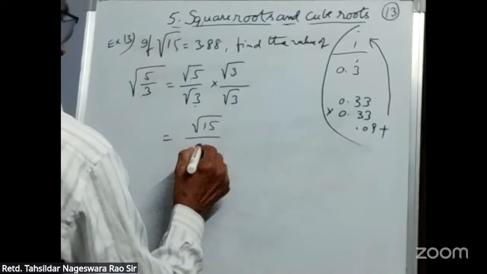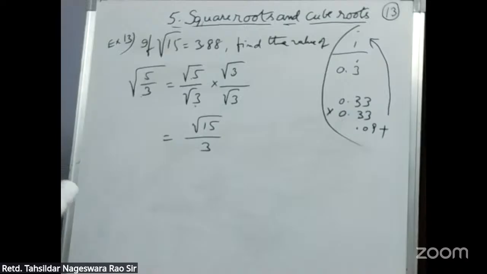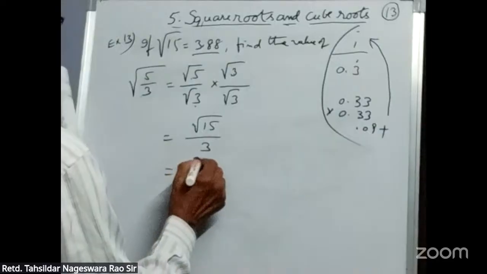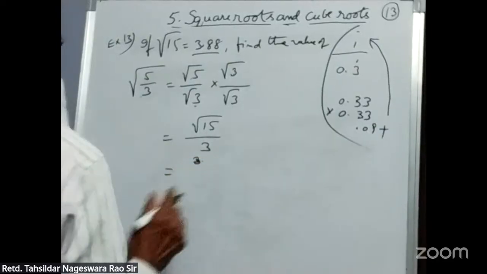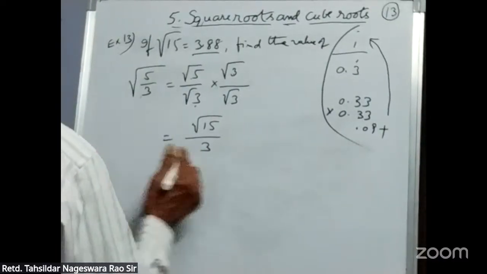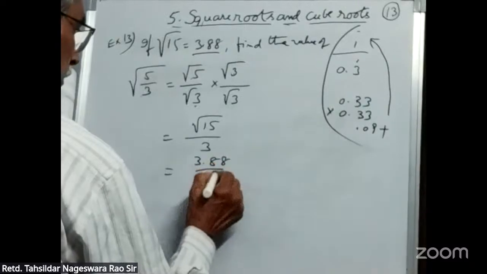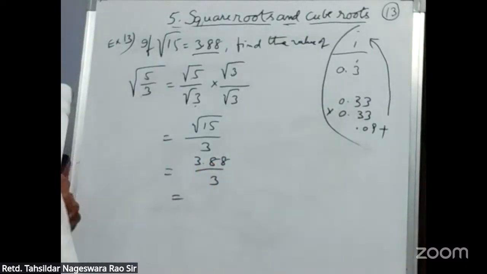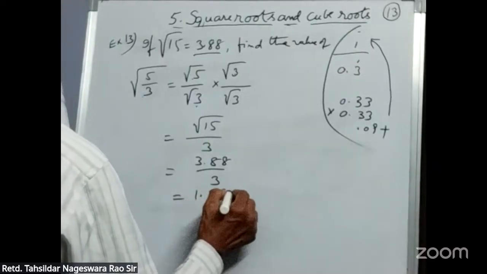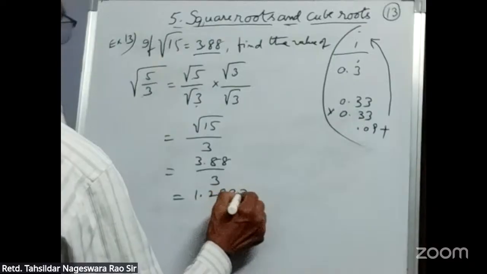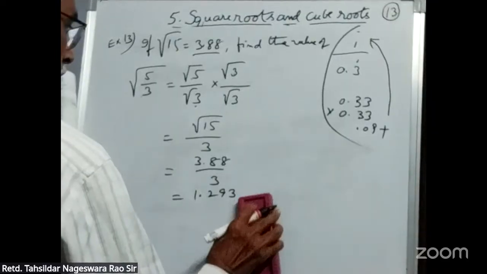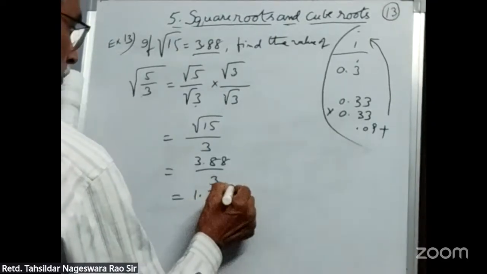Root 3 into root 3 is 3. Root 15 value is 3.88. 3.88 by 3, what is the answer? If you divide, we get 1.2933 and so on. 3 will be repeated.